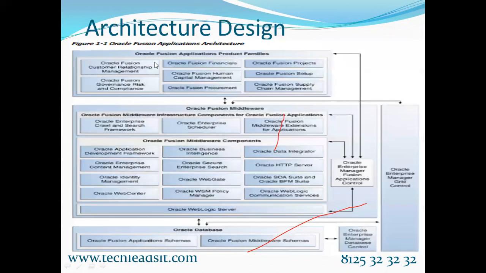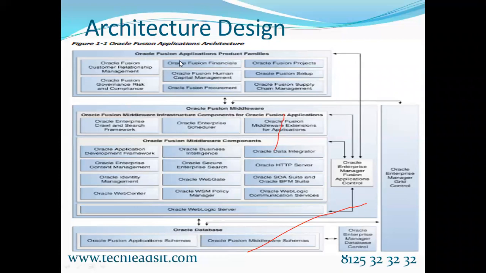Okay, so first we'll see the architecture design. Here I have 3 layers. Not only for Oracle, for any application, we have 3 layers: the application layer, the middleware layer, and the database layer.